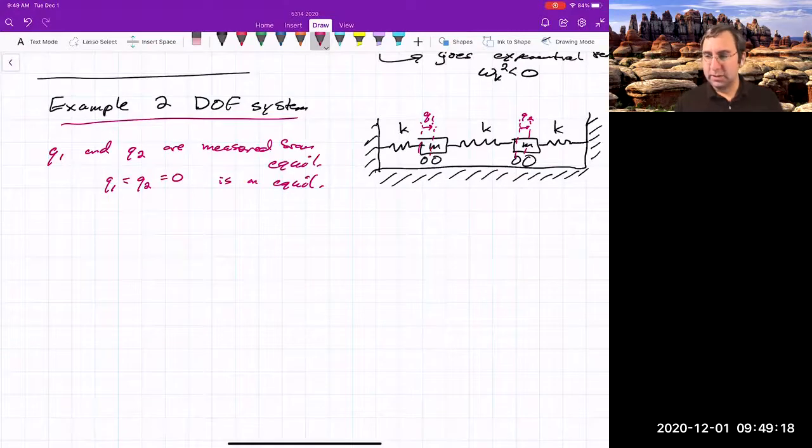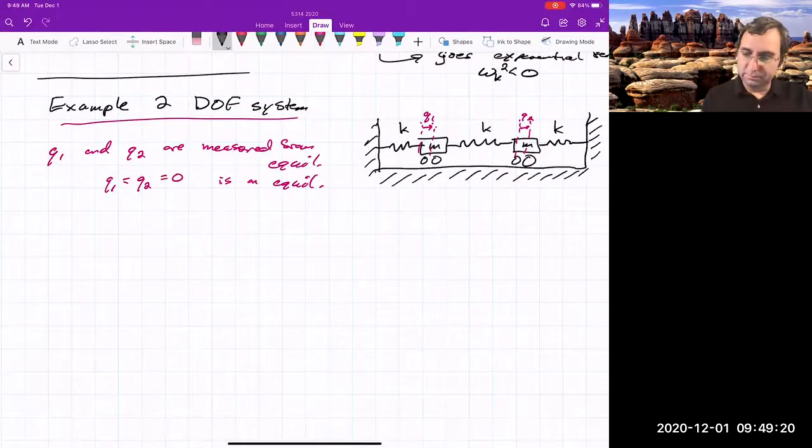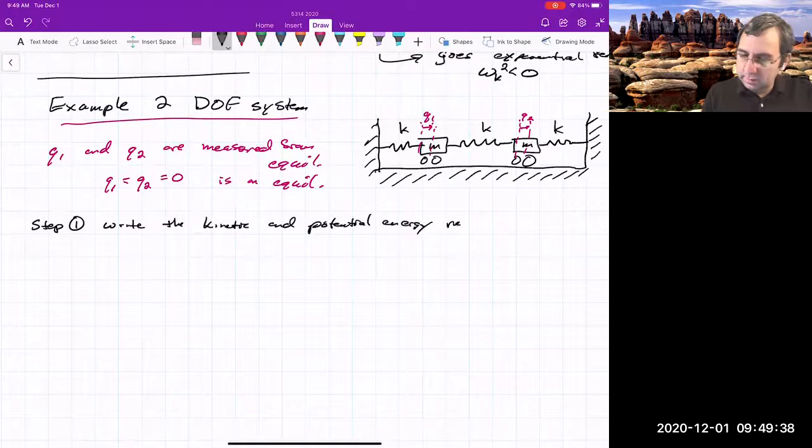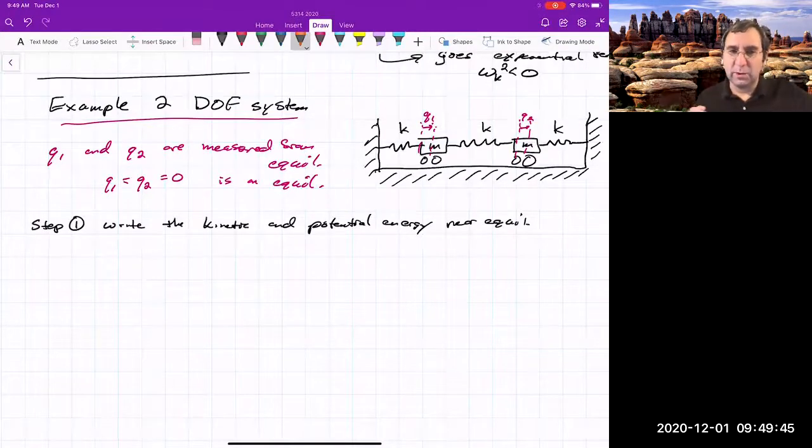So step 1 is write the kinetic and potential energy near equilibrium. Just as a note, we're not using the deltas here because we've already chosen our coordinates so that delta Q1 is Q1 and delta Q2 is Q2.